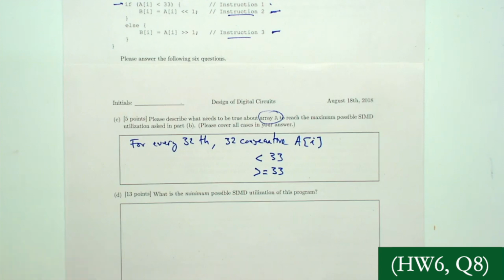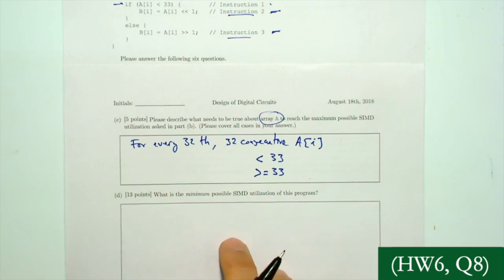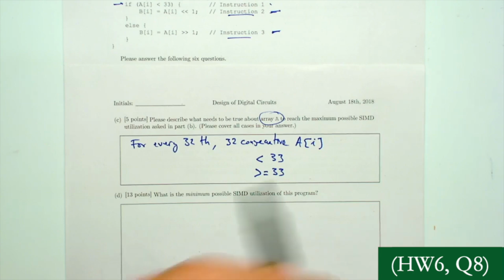Okay, next part is part D. What's the minimum possible SIMD utilization of this program? So how can we obtain the minimum possible utilization of this program?